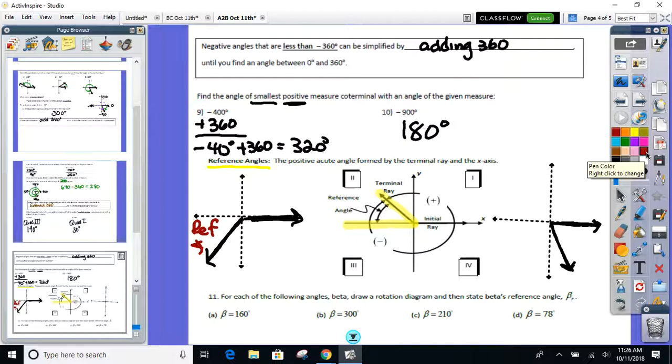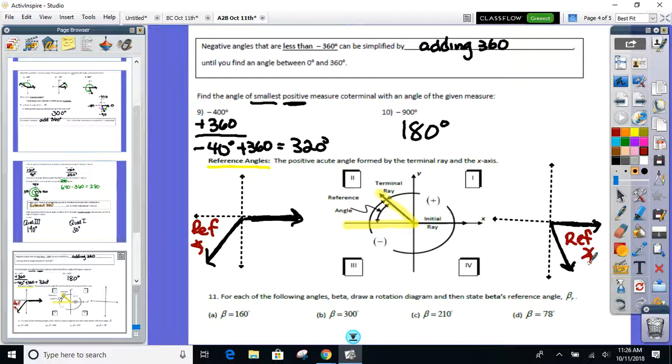Everyone see what the reference angle would be? Terminal side and what axis? I'm always going to ask that because I get too many kids every year. No, that's called the y-axis. This is the x-axis, so this is your reference angle. And identifying it, because now you actually have to come up with the degree measure for me.